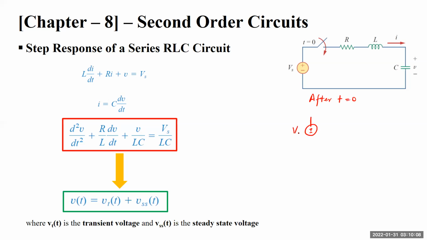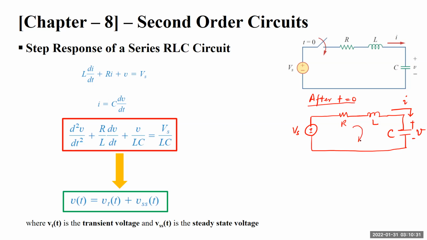We have a plus-minus source, a resistance R, an inductance L, and a capacitor C. The capacitor voltage is V, and the current flowing in the circuit is I. So this is our circuit after time t equals 0.